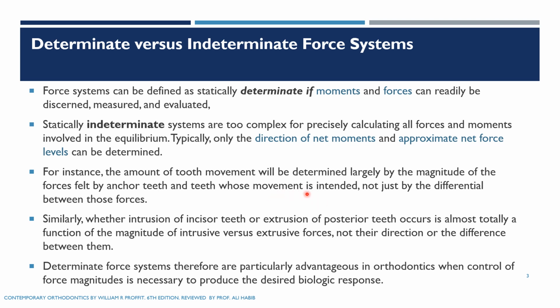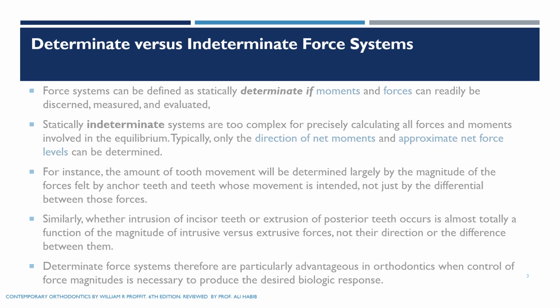If we apply a 40-gram intrusive force, this force will be felt by the posterior teeth as a 40-gram extrusive force. Knowing the exact force felt by the posterior and anterior teeth makes your system predictable. Other than that, it's not predictable, not determinate. It will be indeterminate. This is the difference.